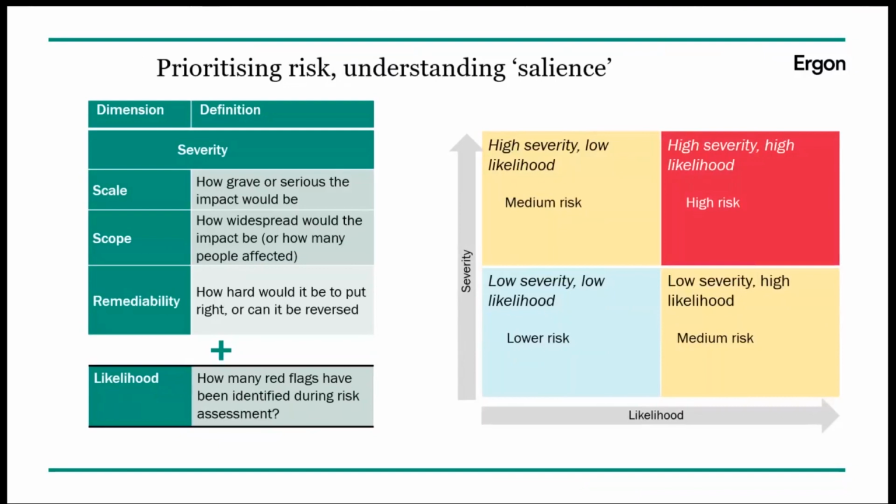So if you've got high severity risks, high likelihood, you end up in the red quadrant. That's your priority issues to deal with, essentially. And in terms of dealing with those issues, what you're trying to do is move risk issues in the red quadrant through mitigation, through risk management, into lower risk quadrants.